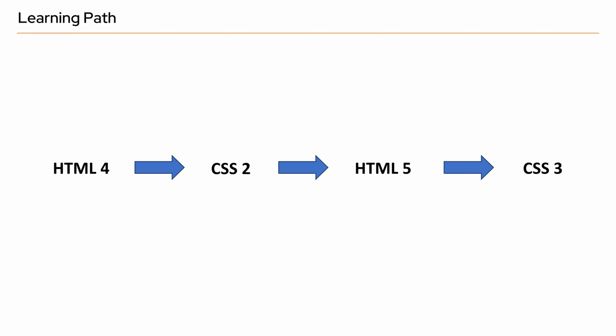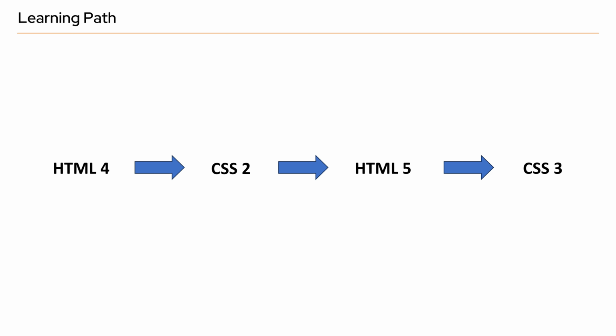In the HTML4 section, we'll cover basic elements like semantic tags, hyperlinks, layout tags, and more. The CSS2 section will focus on the box model, selectors, various properties, and other techniques to make your website more visually appealing.